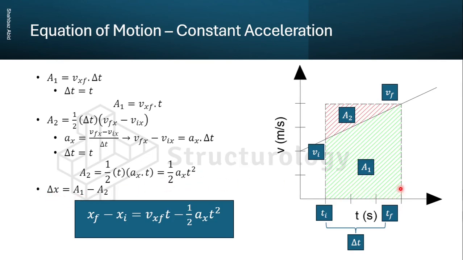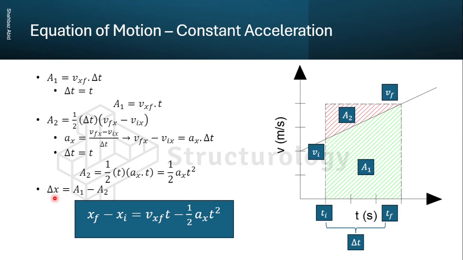So we have considered the area 1 to be from here till here. So we are actually calculating something extra, which is basically area 2. So the displacement is equal to the total area, which is from here till here, minus the area 2 is going to give me the area under this graph.